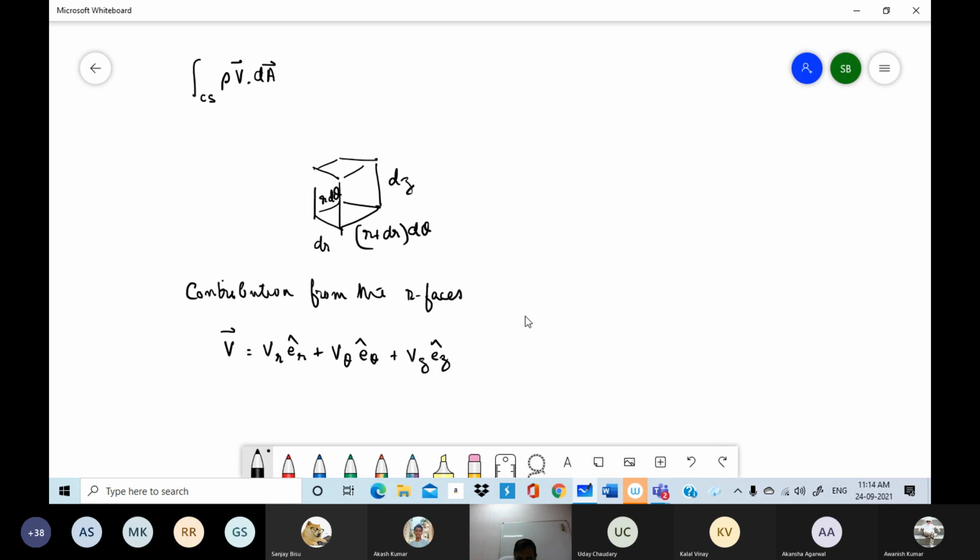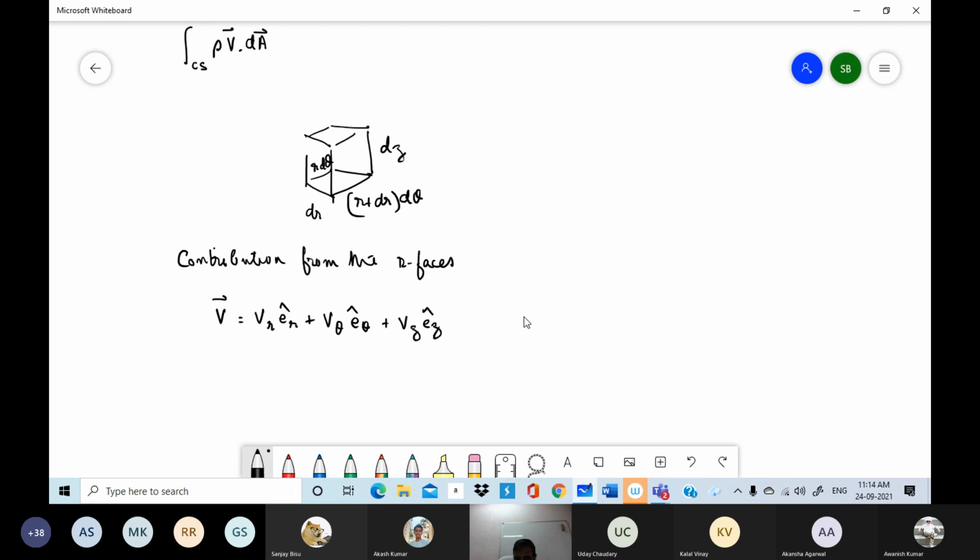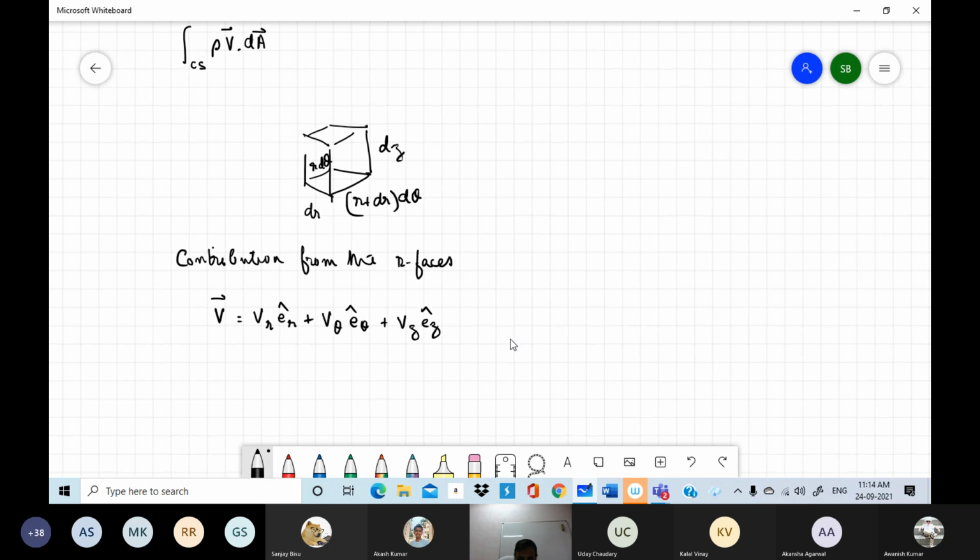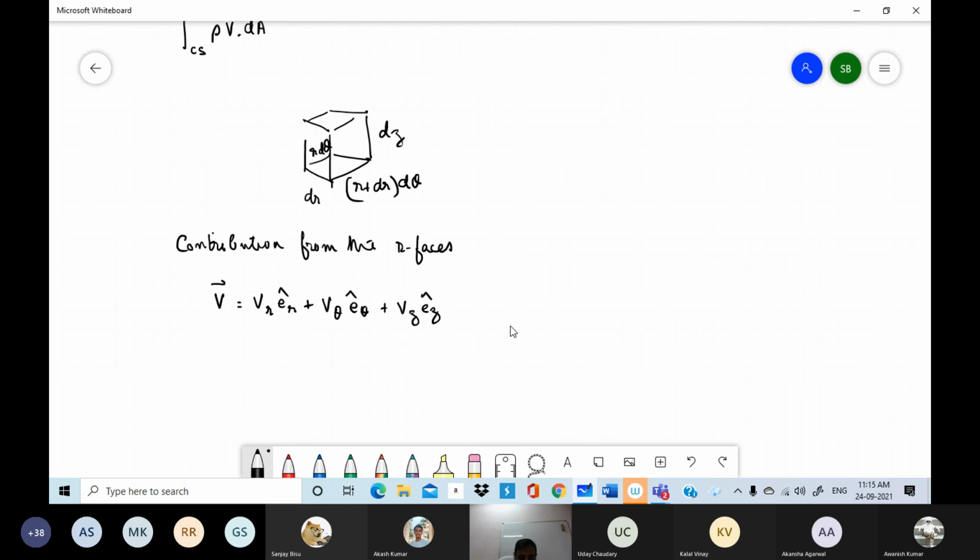Those are the unit vectors along the r, theta and z directions. And this is an orthogonal coordinate system, which means e_r, e_theta and e_z are mutually at right angles to each other. So then the r faces have their normal in the r direction.